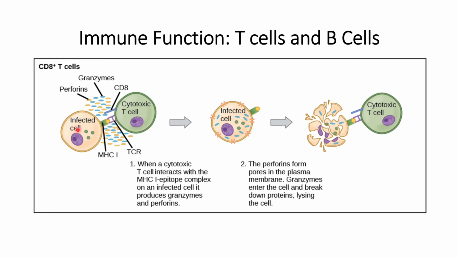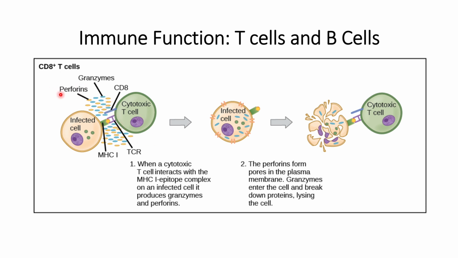So when it interacts with the infected cell, it releases two kinds of proteins, or we can say in general form, one is granzymes, and another one is perforins.